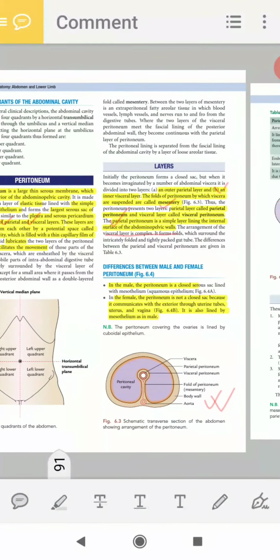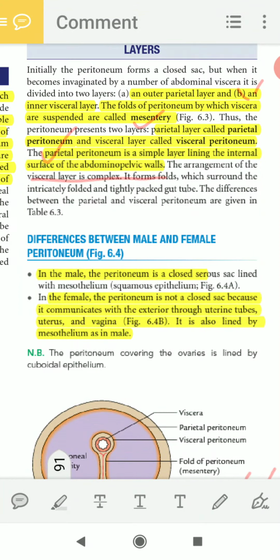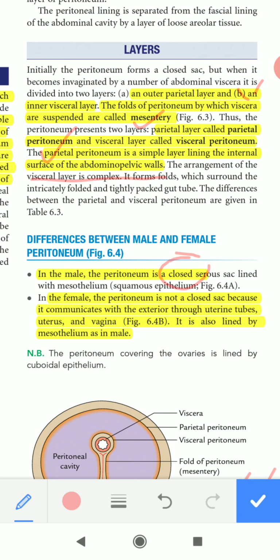Now we have to know another difference, the difference of peritoneum in male and female. Okay, in case of the male, the peritoneum is closed and it is lined by the mesothelium, that is simple squamous epithelium. But in case of the female, it is different. In case of the female, the peritoneum is not closed.